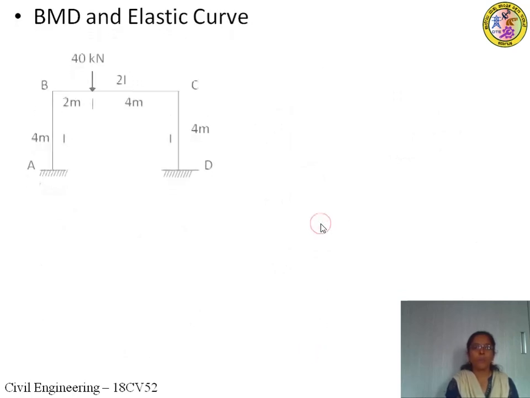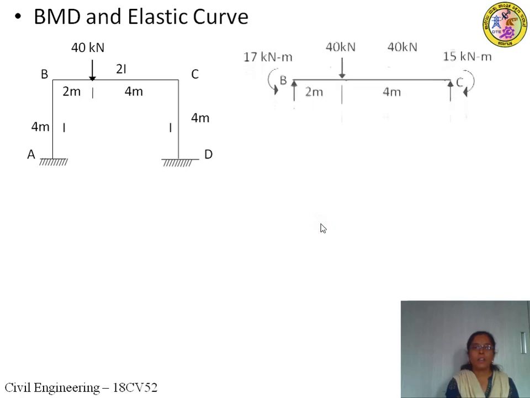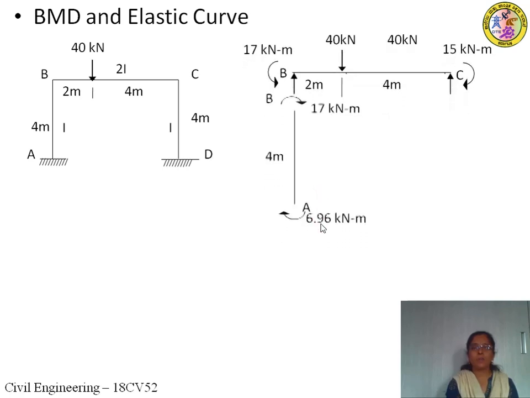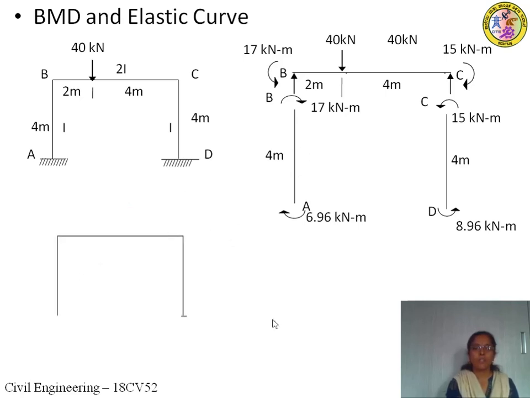Next we will plot the bending moment diagram and elastic curve. To draw the bending moment diagram, consider the support moments along with the loading. Use the thumb rules. This is the basic frame. Use the thumb rules for the horizontal member.